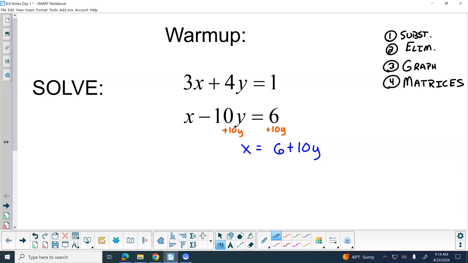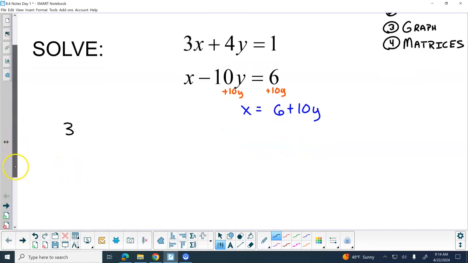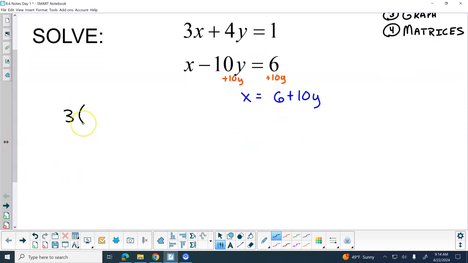Plug that in for x in my other equation. Okay, so it's going to be 3, now instead of x, it's going to be times 6 plus 10y, plus 4y equals 1. Distribute.